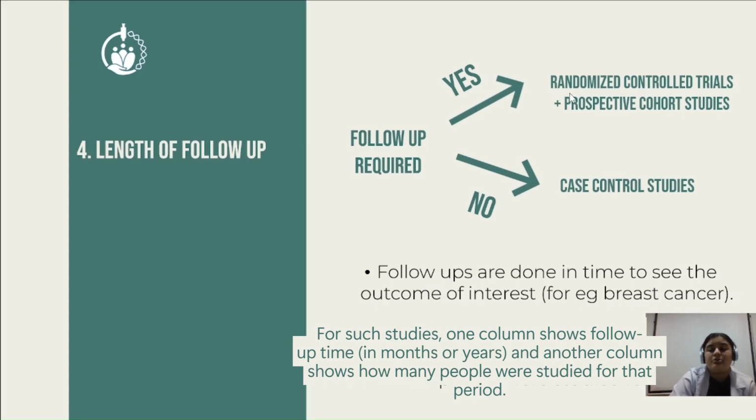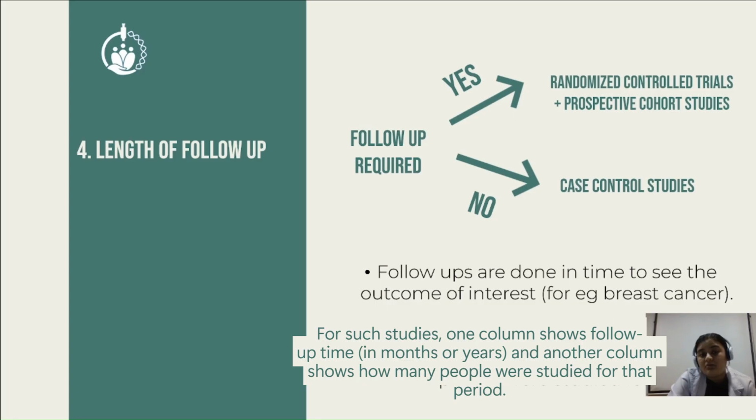Similarly, for randomized control trials, there are many drugs that do not show immediate effect, and that is why we need to follow up the treatment group that has been given the drug to see whether the drug has worked, what the symptoms were, and what the side effects were, because it's not necessary for a drug to show immediate effect. Sometimes even if they show immediate effect, you can see the side effects 2 to 3 years later on.